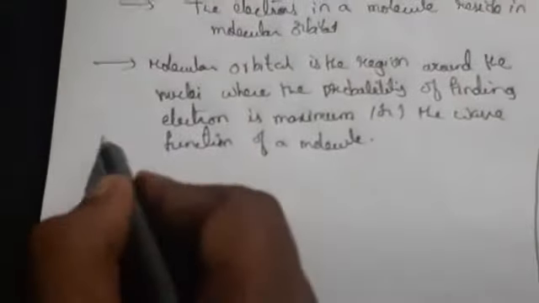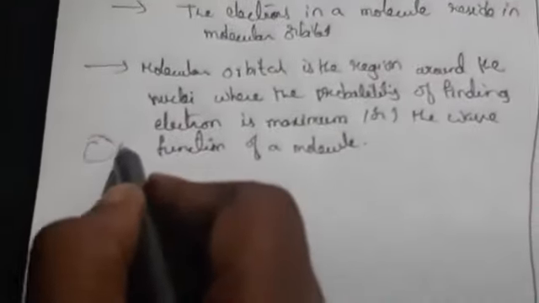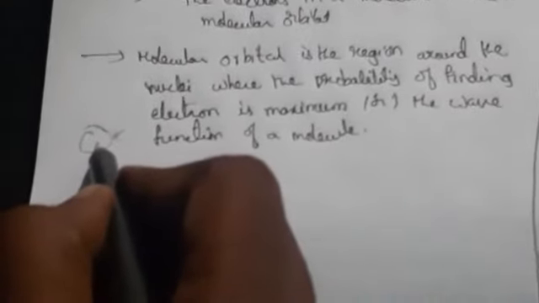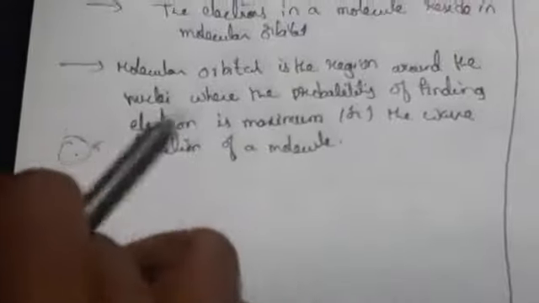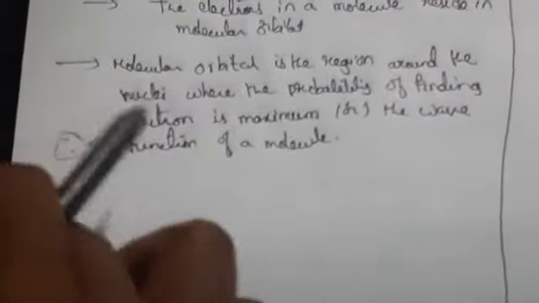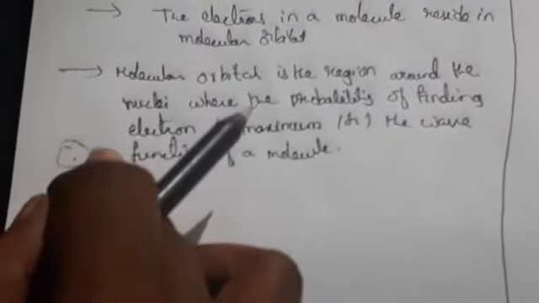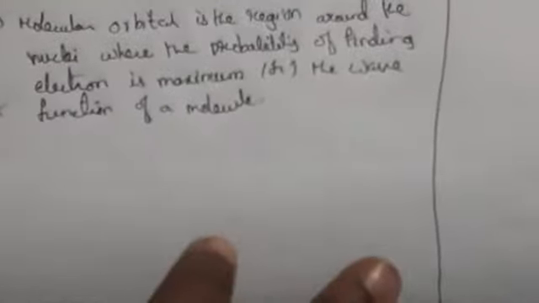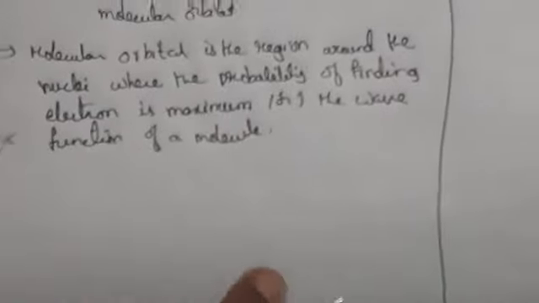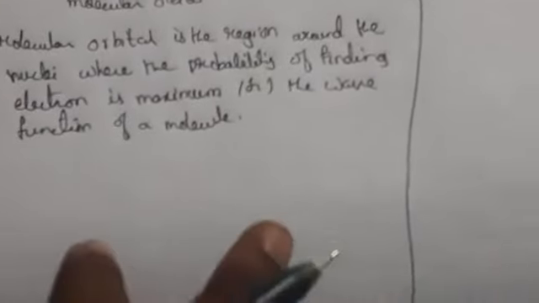The probability of finding an electron is maximum, meaning more electrons are found, or we describe it as a wave function of a molecule. By this we get molecular orbitals. So here the electrons of all atoms in the molecule revolve around the nuclei.